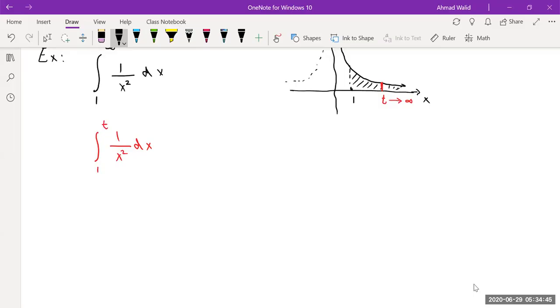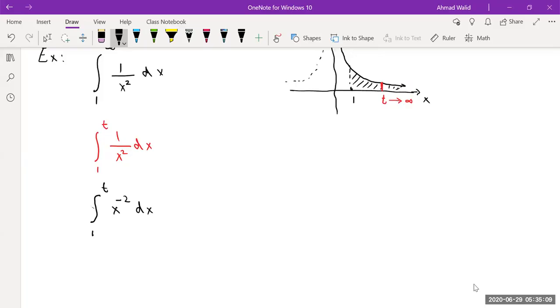First, think what you can do. If I move x squared to the top, it becomes an easy integral. Instead of 1 over x squared, I can rewrite this as the integral from 1 to t of x to the power of -2 dx.